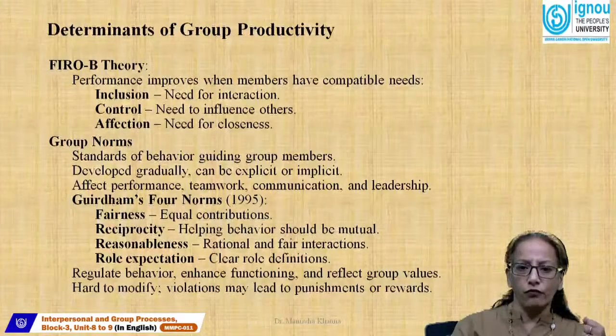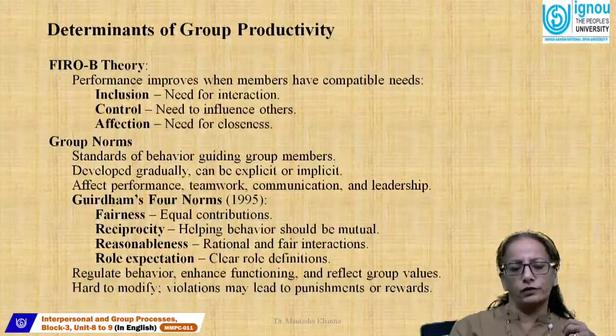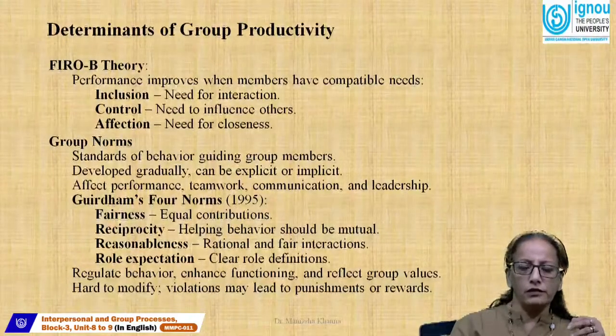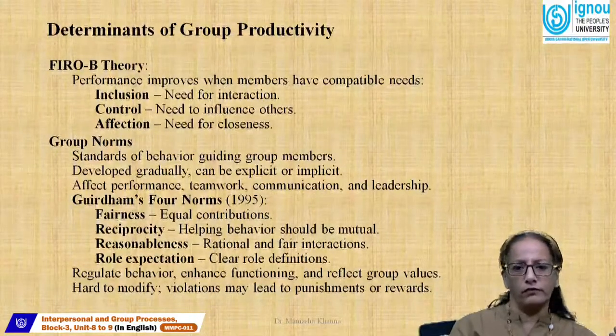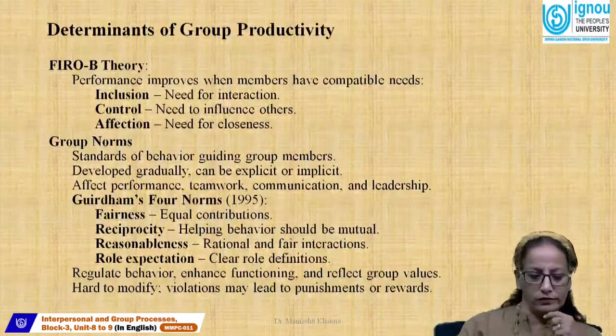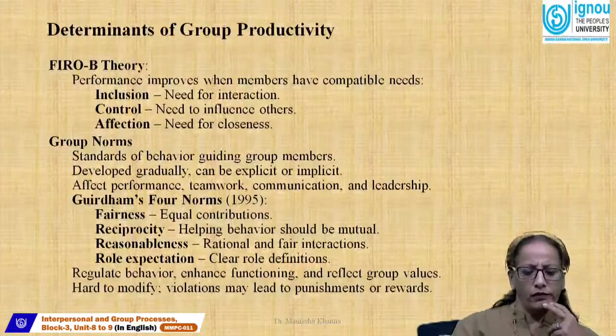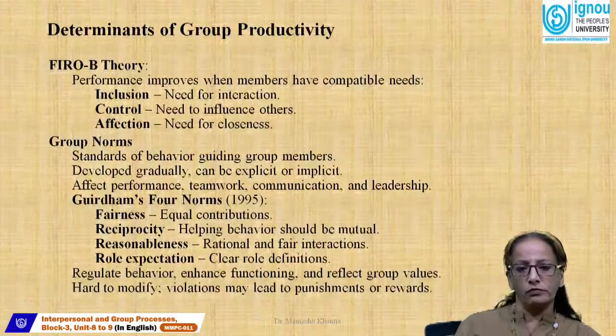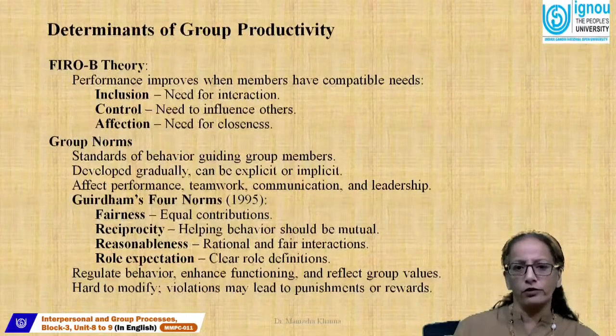These norms regulate behavior, enhance functioning and reflect the group values. They are hard to modify, and violations may lead to punishments or rewards, or sometimes even exit from the group.